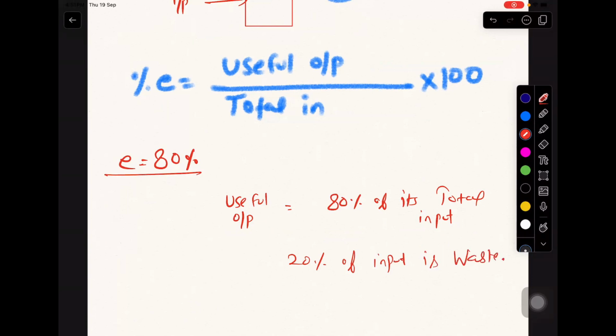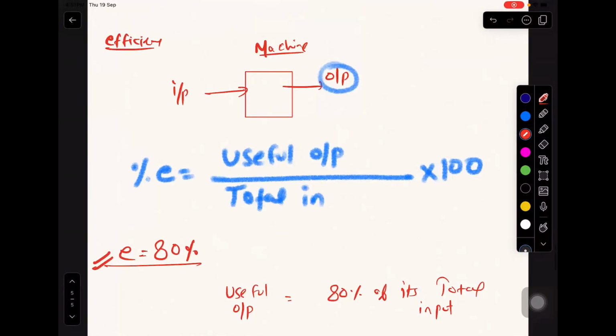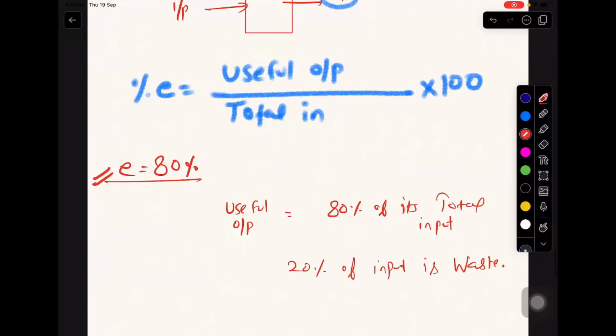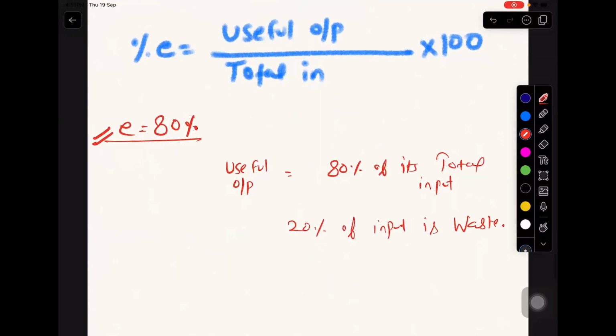That's how you can elaborate. Every machine has an efficiency. The greater the efficiency, the better the machine is, and no machine can ever reach an efficiency of 100% because some form of energy will always be lost.